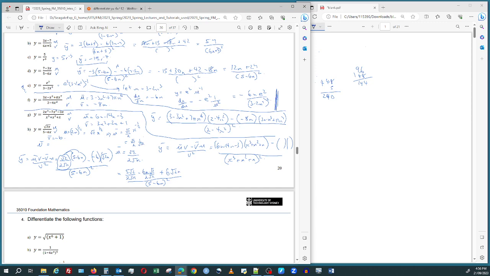Okay. And so we get 6 root 2x. To simplify that, minus 6 root, we can't do it because they're not the same family. There's no point pretending that we can do that in the same family.